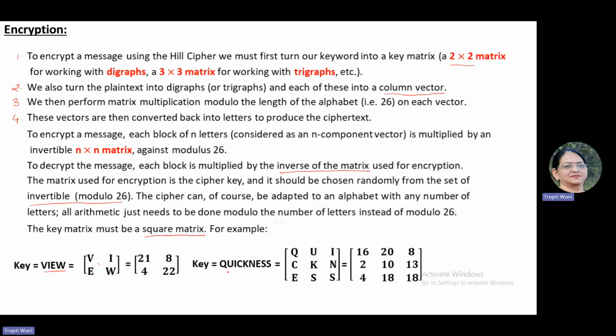Or it may be QUICKNESS. Here there are 1, 2, 3, 4, 5, 6, 7, 8, 9 letters. It means we can create a 3 by 3 matrix. Convert these letters into numbers, and this becomes our key.